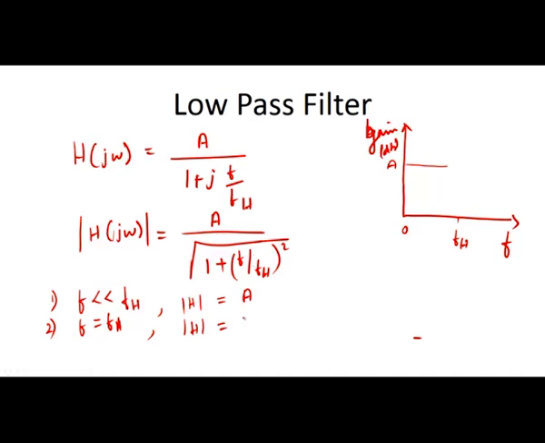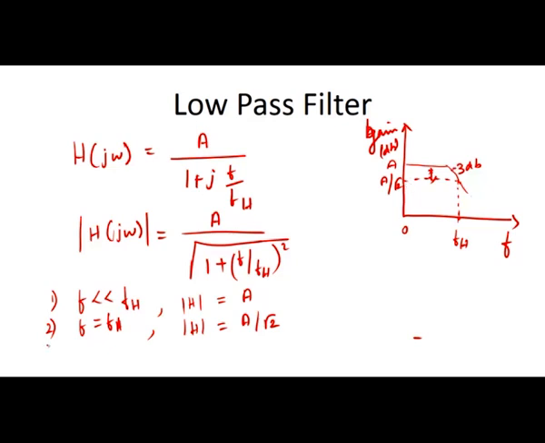So, A by root 2. If you take it in dB, then it is minus 3 dB. If you calculate 1 by root 2 in dB, then it will be minus 3 dB.